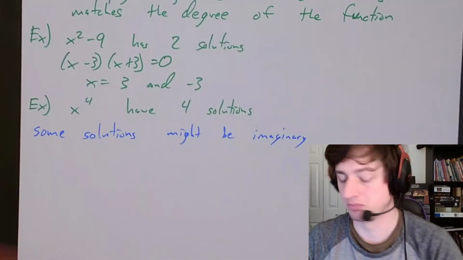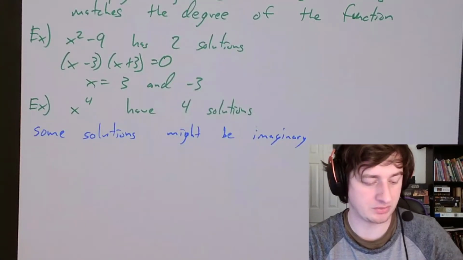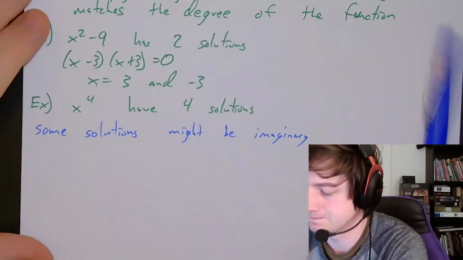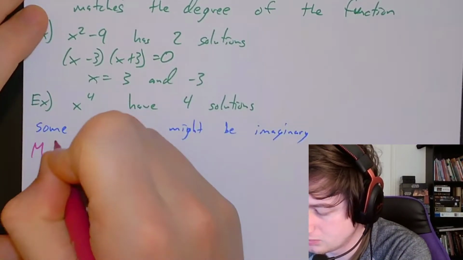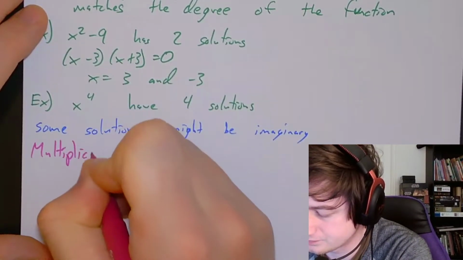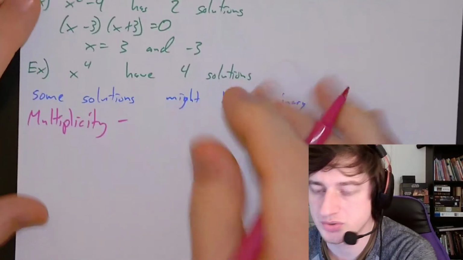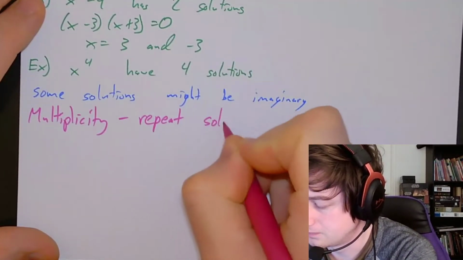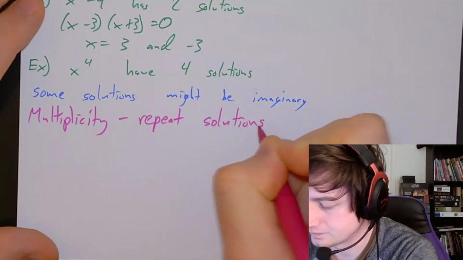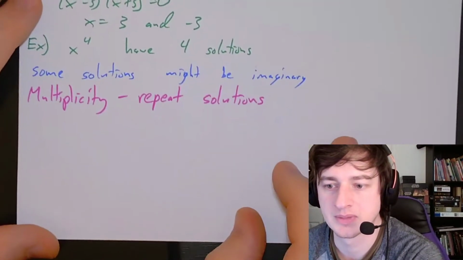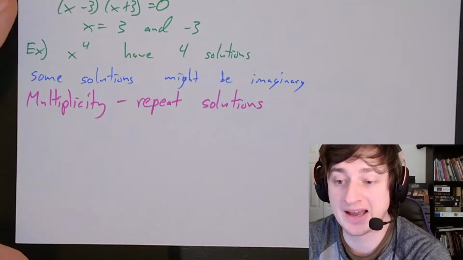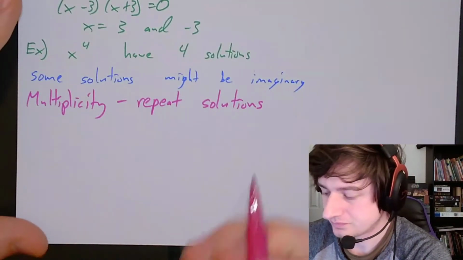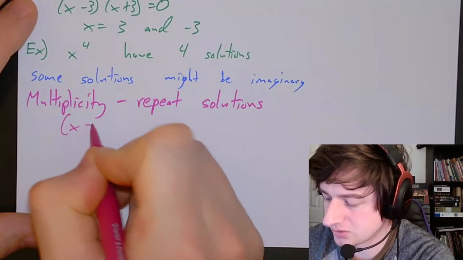Okay, so multiplicity. Let's write down what I said. These are just repeat solutions. So we're going to factor, and we're going to get, like, x minus 3 squared.